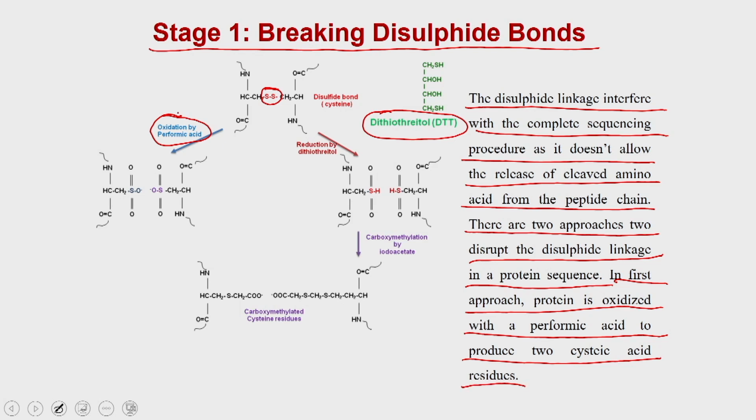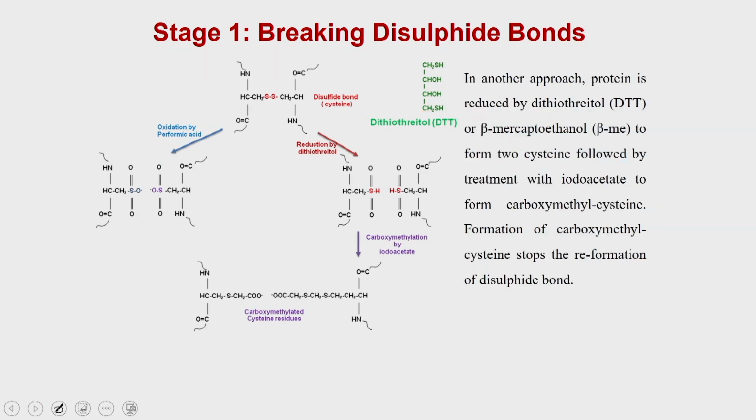So, oxidation with performic acid is going to break the disulfide linkages, and that is going to give you the cysteic acid. In the alternate approach, the protein is reduced by DTT or beta mercaptoethanol, both of which are reducing agents. So, you reduce the disulfide linkages. Because of that, the S-S bond is converted into SH, and the linkage between them is broken.